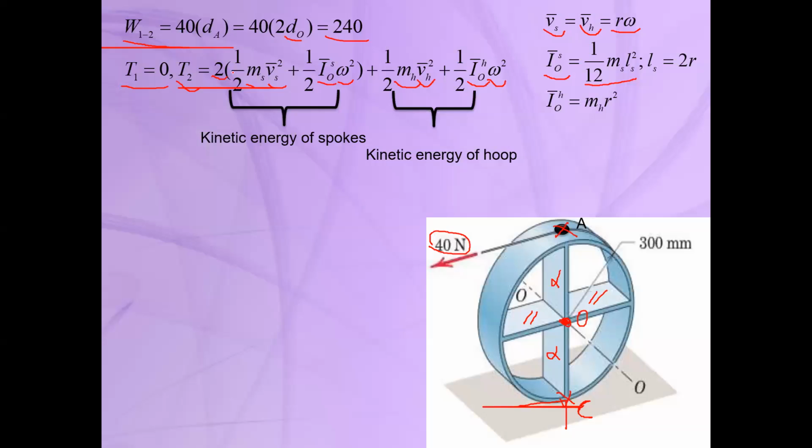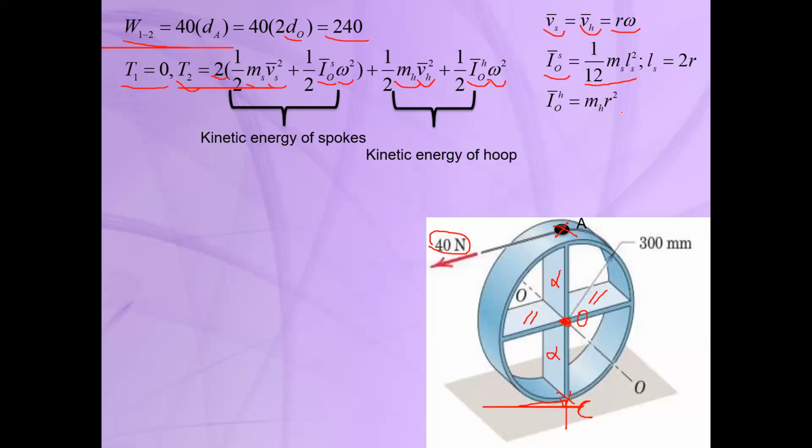So here we have the kinetic energy, and we can obtain the velocity of the spokes and the hoop by using r omega, where r is the radius and omega is the angular velocity. The mass moment of inertia about the mass center for the spoke, as I told you, because it's similar to a slender rod, is equal to 1 divided by 12 times m times l squared, and the length of the spokes, l, is equal to 2 times r.